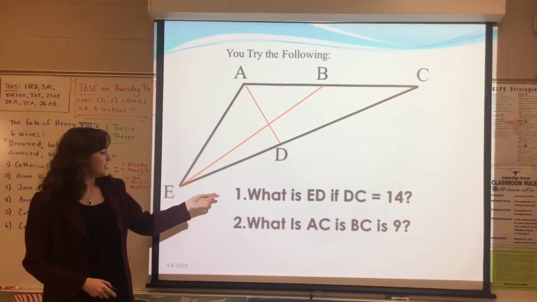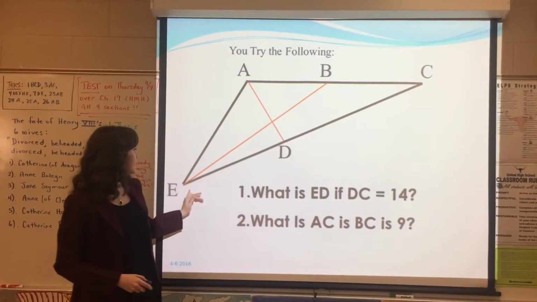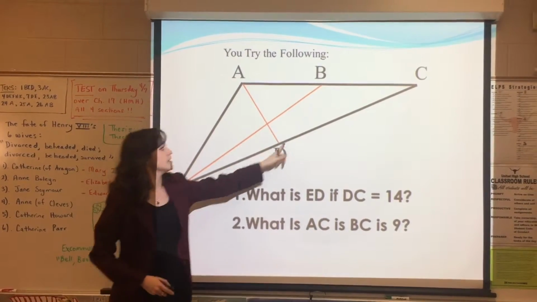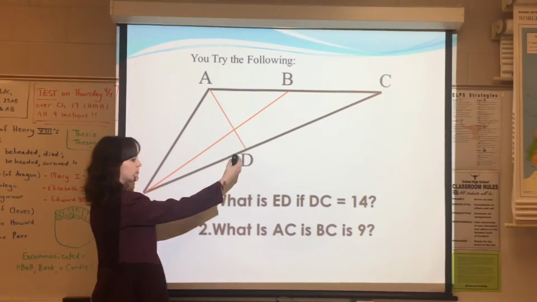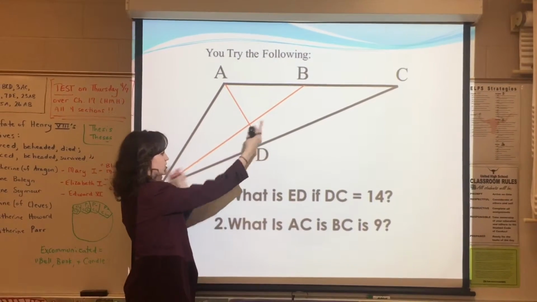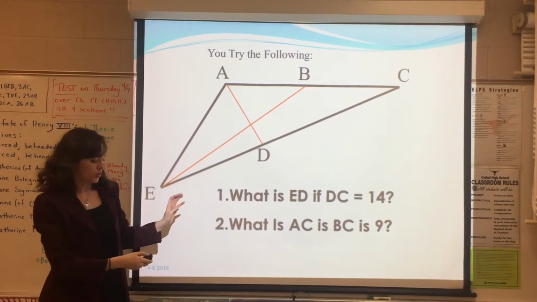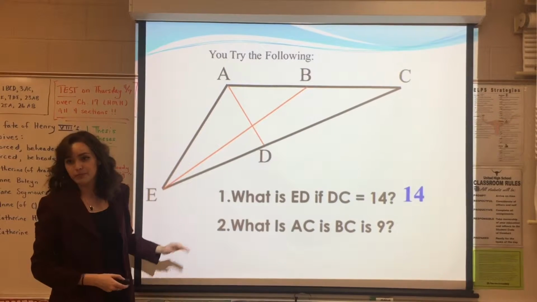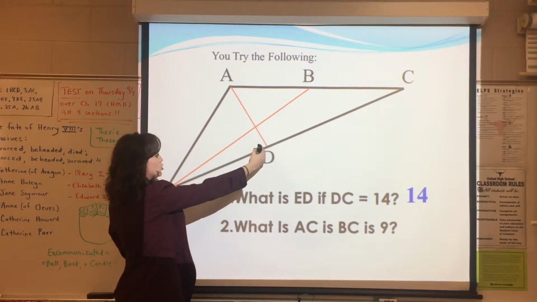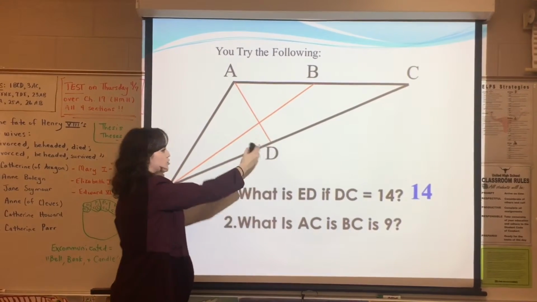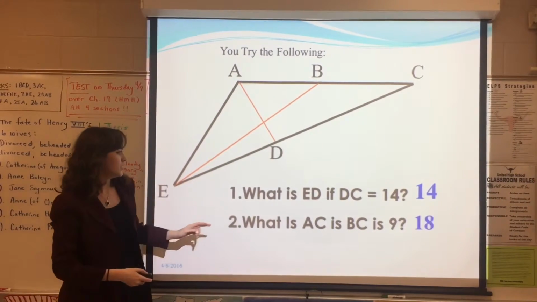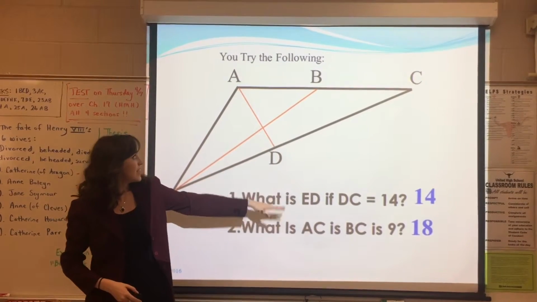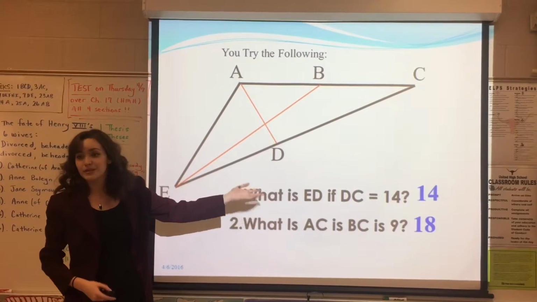Now what is ED if DC is 14? If you are given what DC is, what would ED be? It would be the same thing because this is the median, showing that this side and this side are congruent. So it would be 14 and 14. And what is AC if BC is 9? It would be 18 because it's double.